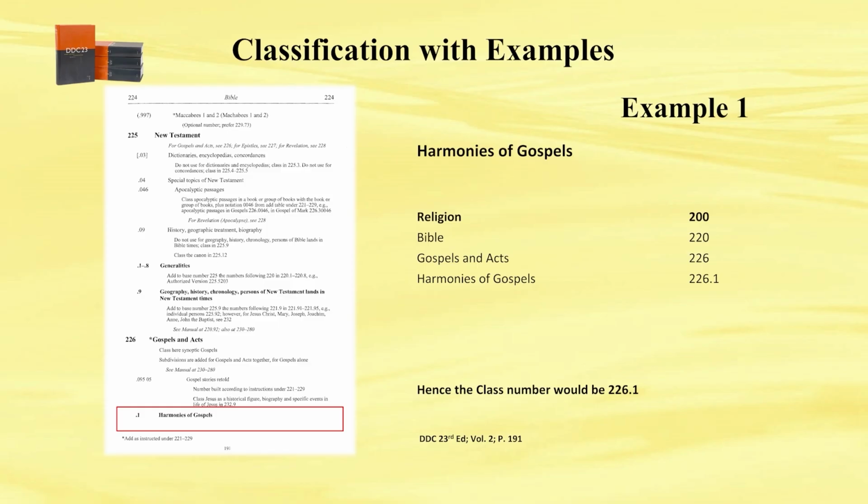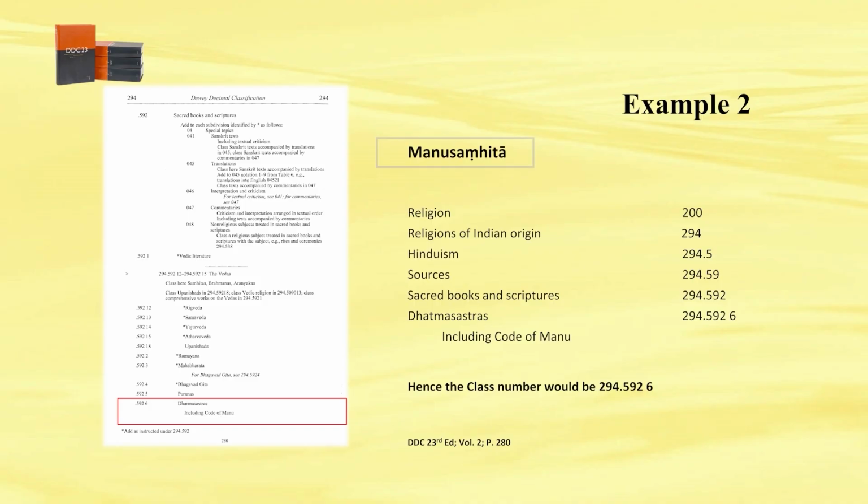Next, move to the next one, that is Manu Samhita, or the codes or the laws as told to us by Manu. As per Hindu mythology, he is the first man in the world. So the Code of Manu.